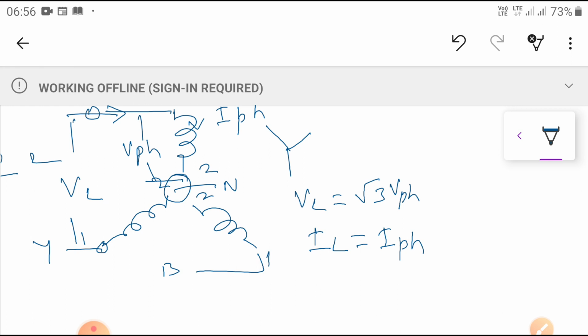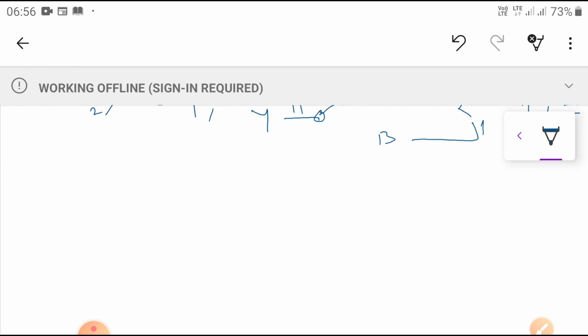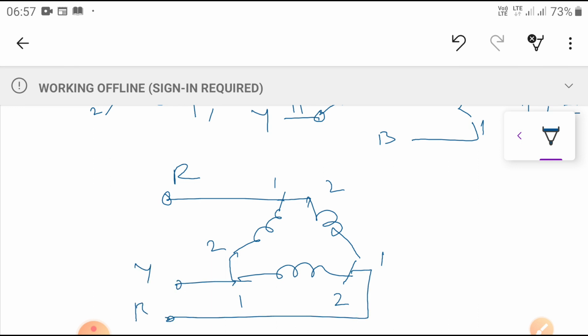Now, coming to the case where these three windings are connected in delta. For example, this is one winding, here one winding, here one winding, and each has two ends connected together in delta. If here we connect the R phase, here the Y phase, and here the B phase, then what will happen?